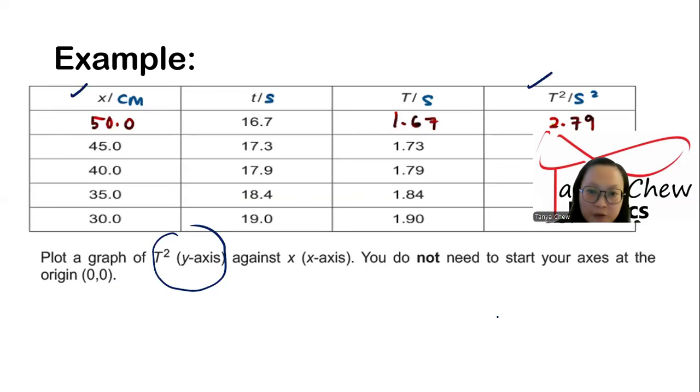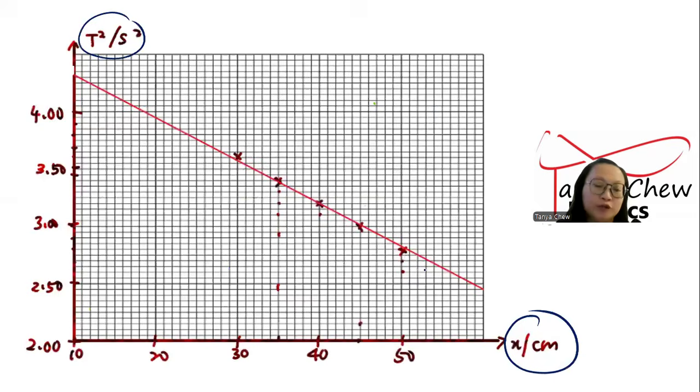Look at my scale. You do not need to start your axis at the origin. So do not start from 0 if you want all your points to be more spread out, instead of all the points being too close together. Because if your scales are very small, then all your points will be too close to each other, and then the calculation will be very inaccurate.